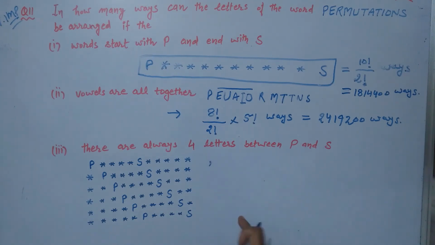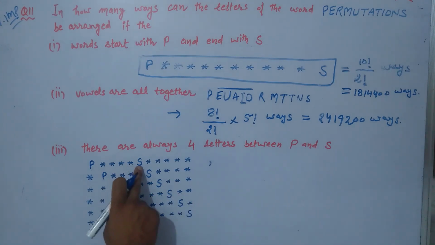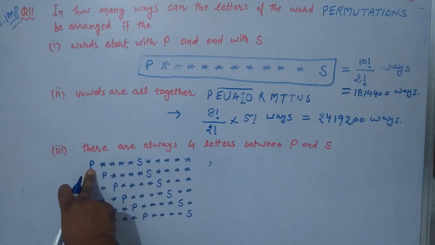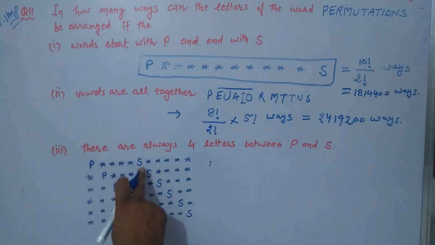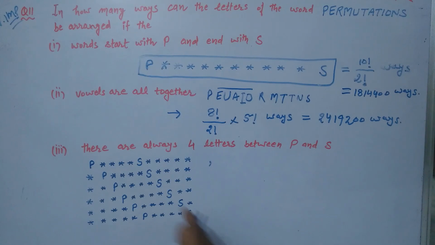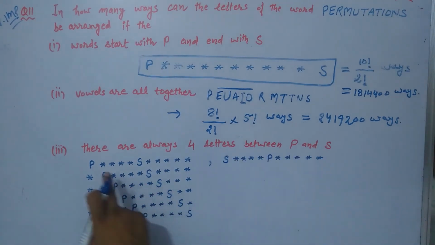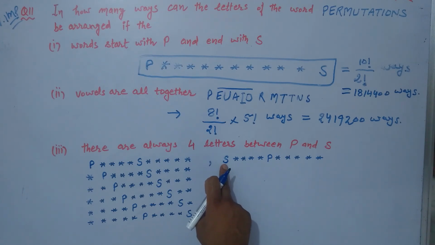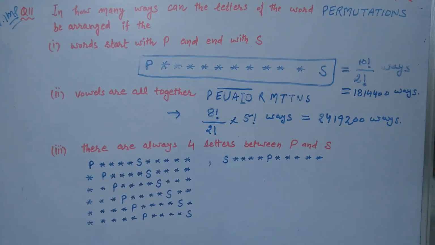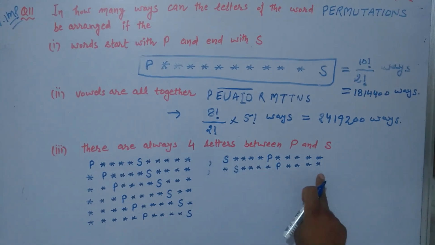Now what we can do, S may occupy the first place, and P may occupy the place of S. So we have replaced the places of S and P. This is the 8th row. This is the 9th row.